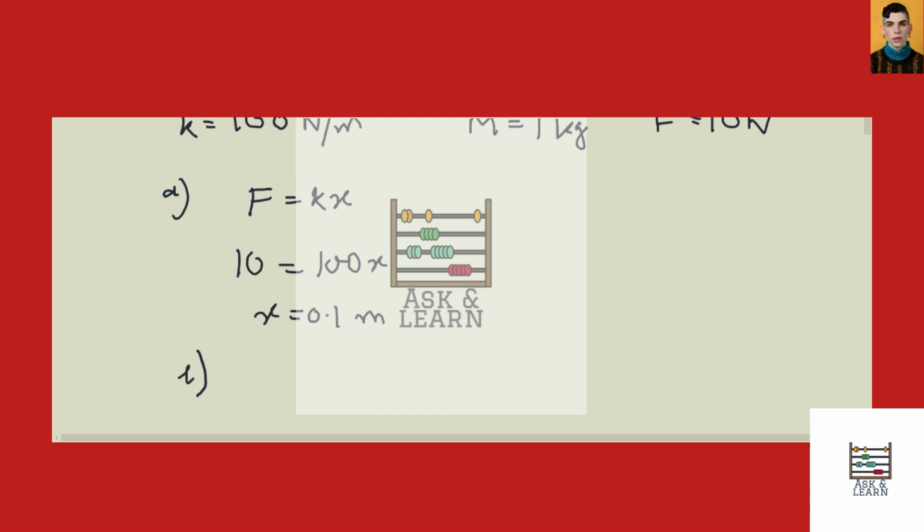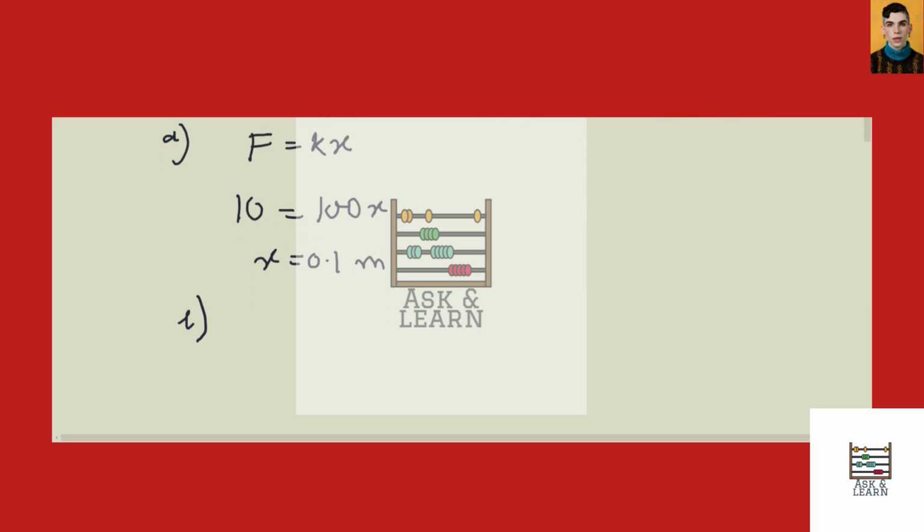Here you have to calculate the sum of the potential and kinetic energy of the system. So E equal to, the potential energy in the spring is half kx square, and the kinetic energy of the mass is half mv square.